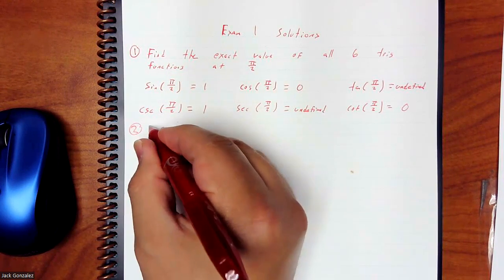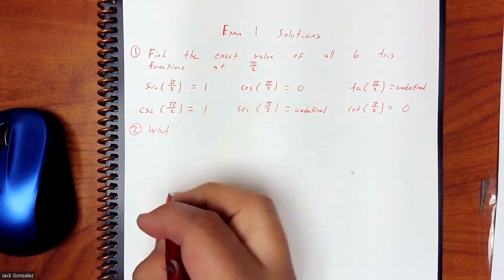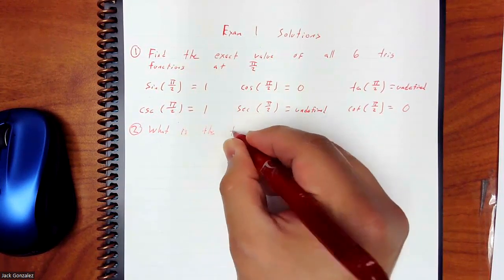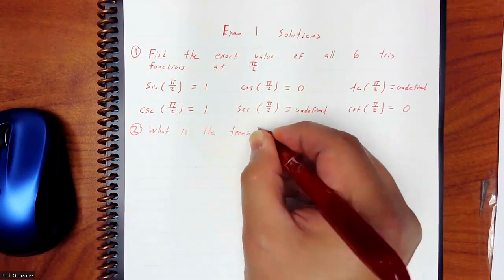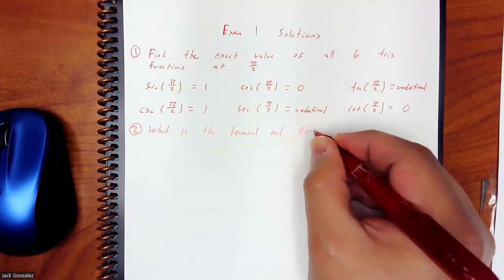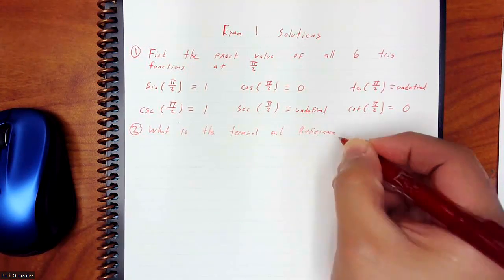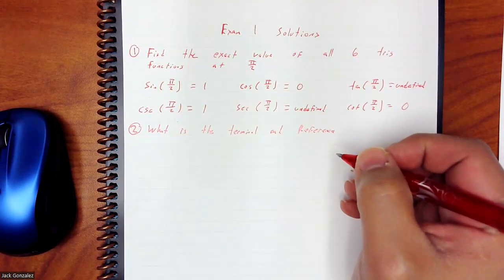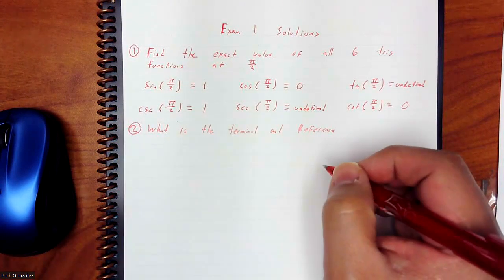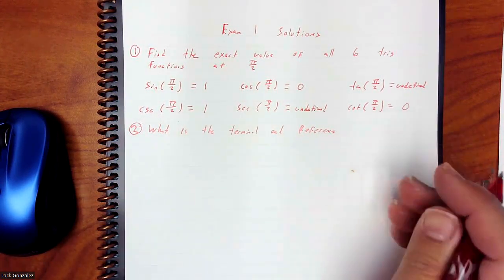Number 2. What is the terminal and reference angle? Remember, I told you terminal means the angle where you stopped at, the coterminal angle of the angle they're talking about.